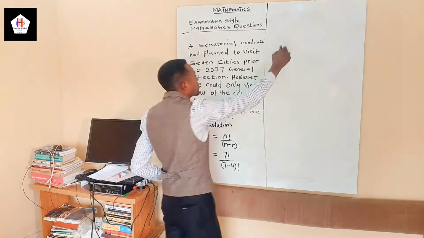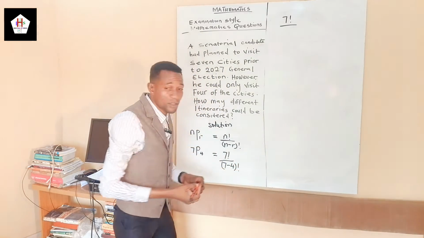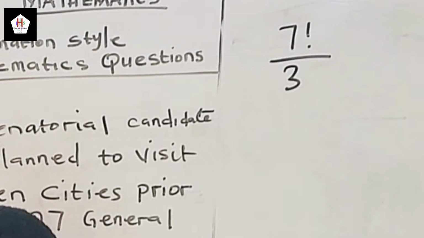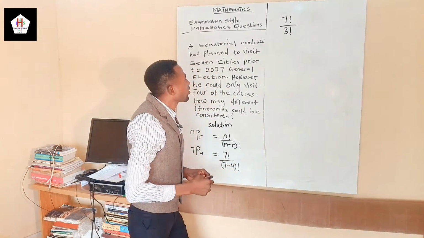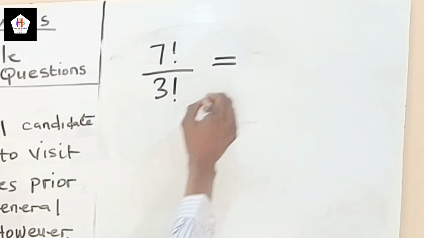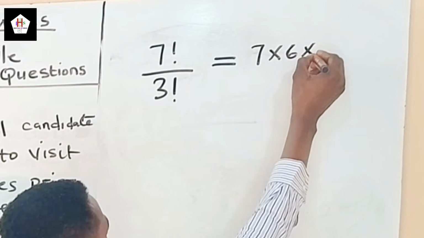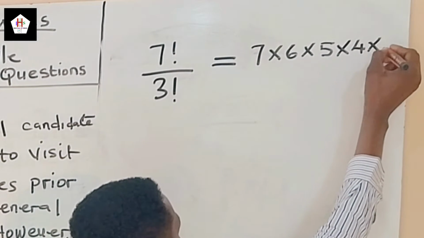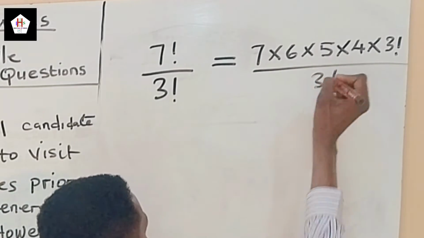Now, our 7 factorial is all over 7 minus 4, which gives us 3, so here we have 3 factorial. Now we write the numerator, which is the 7 factorial, as 7 times 6 times 5 times 4 times 3 factorial, all over 3 factorial.